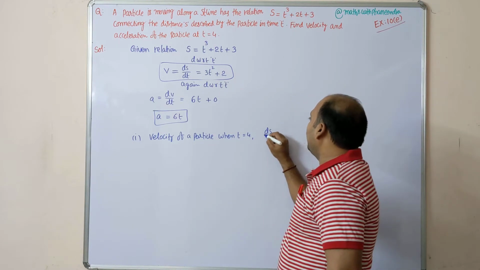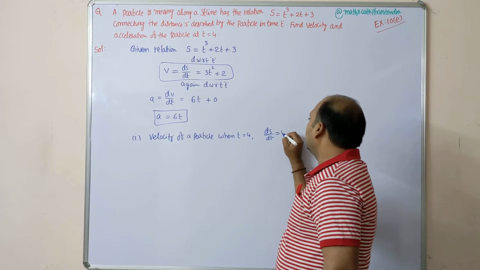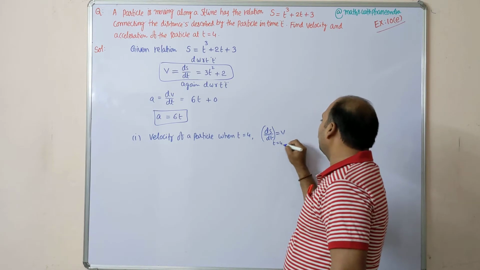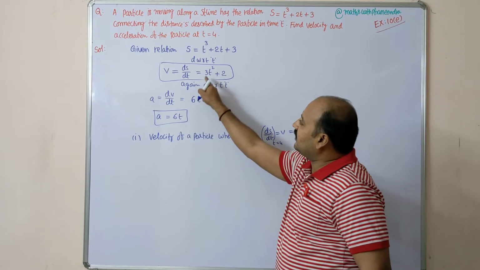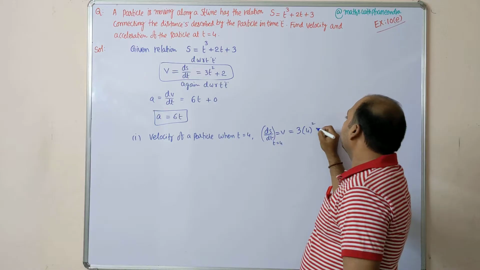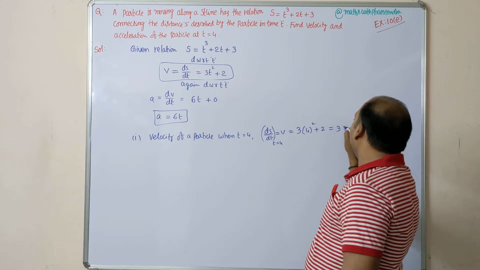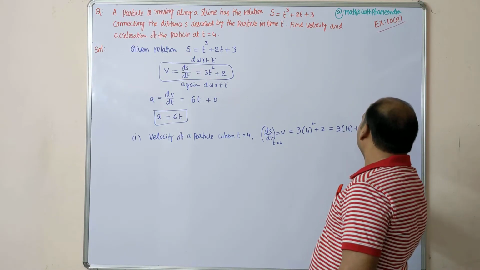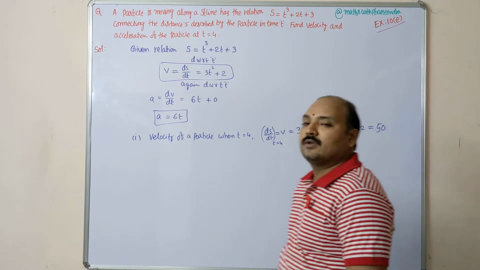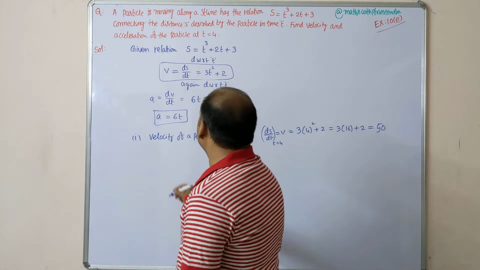So ds by dt, that is equal to v at t is equal to 4. So in place of t substitute 4. 3 into 4 square plus 2. So 3 into 16 plus 2. So 48 plus 2, 50. So that is the velocity.